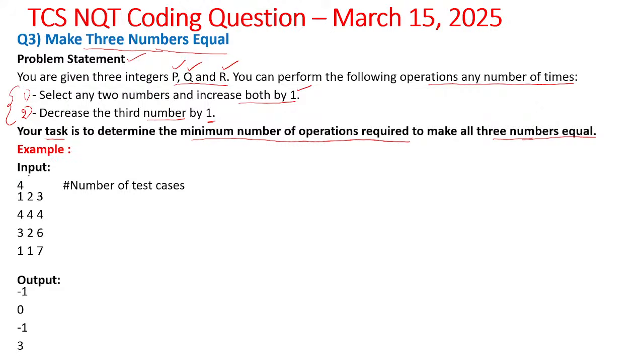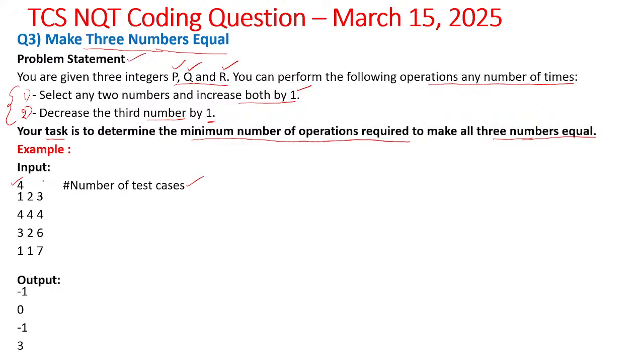Example, if you consider, the input is given like this. The first number indicates the number of test cases, followed by the inputs. We are given three numbers, we said, no?